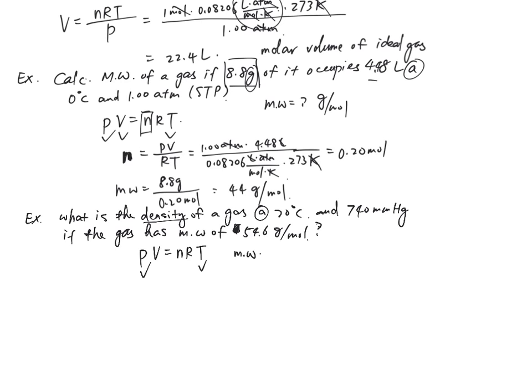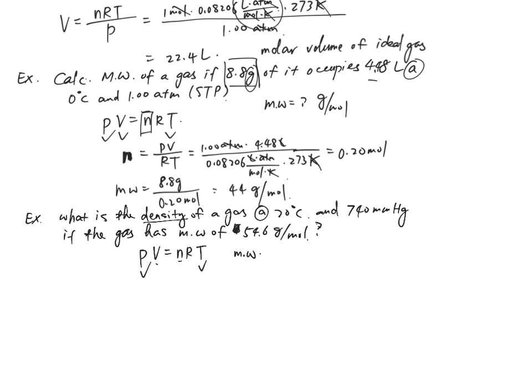As much as I want to rearrange, I couldn't, because density is not there. And out of the 4 things in the ideal gas law, I only have 2. I don't know volume. I don't know the number of moles. So, how am I supposed to do that?